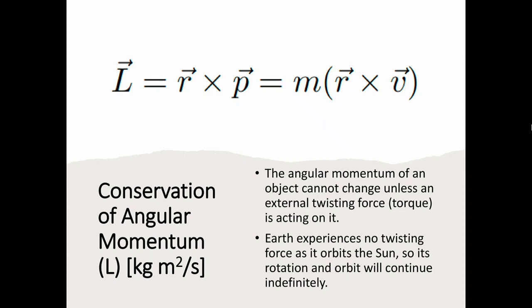The capital letter L is angular momentum, and angular momentum is just some distance r cross or multiplied by the vector for momentum. This cross product is a special type of multiplication, but that's not something we would do in this class. That's something you would see in a physics or a math class.